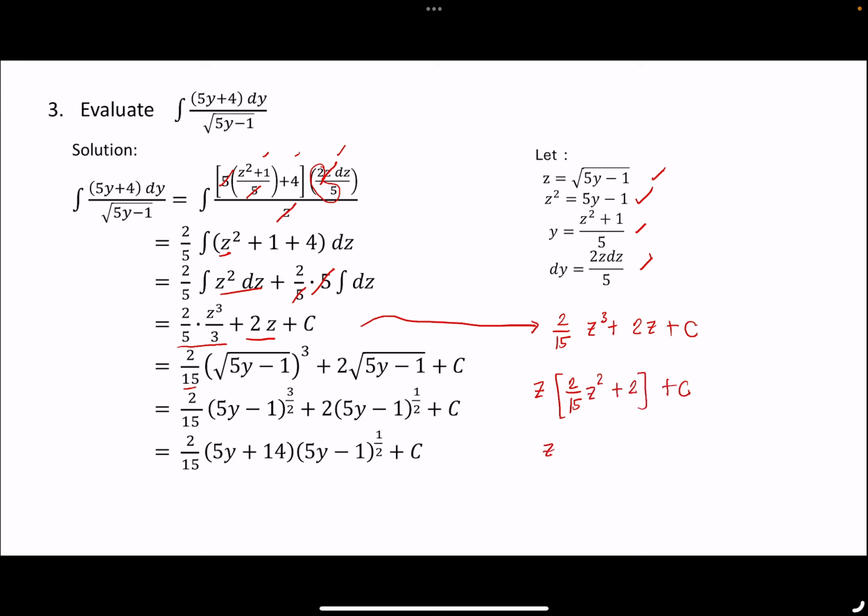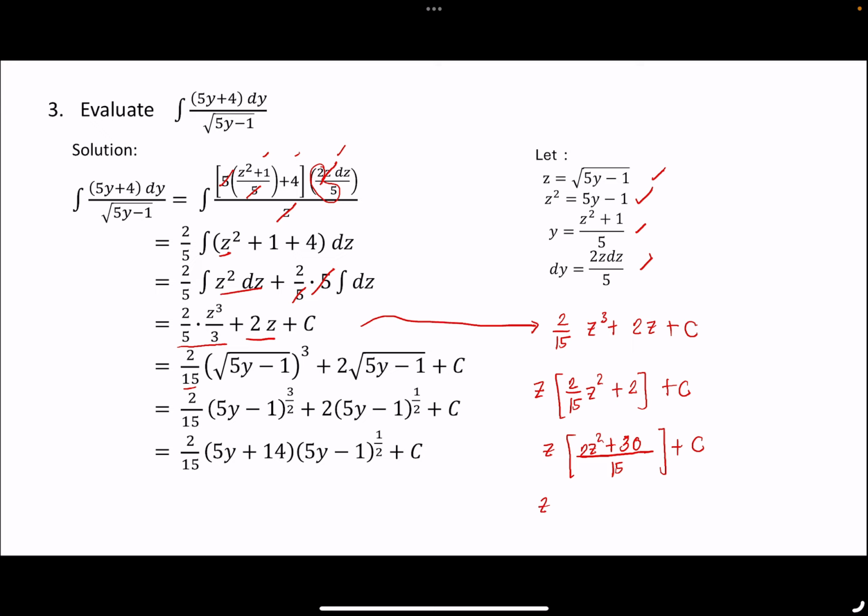The LCD is 15, so we have 2z squared plus 30 all over 15, plus c.